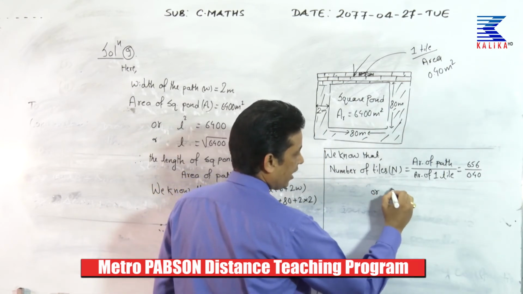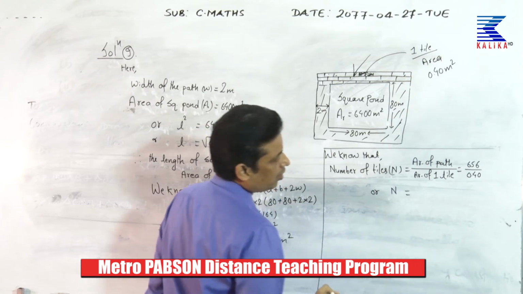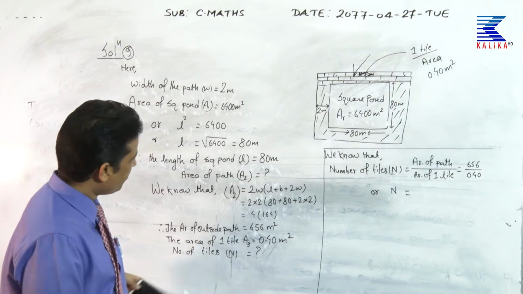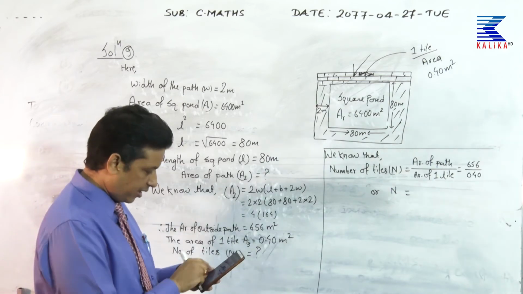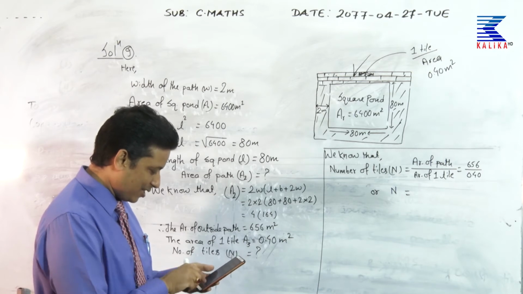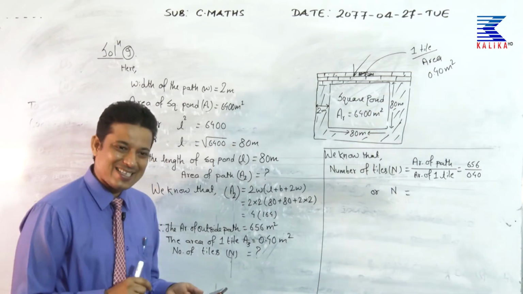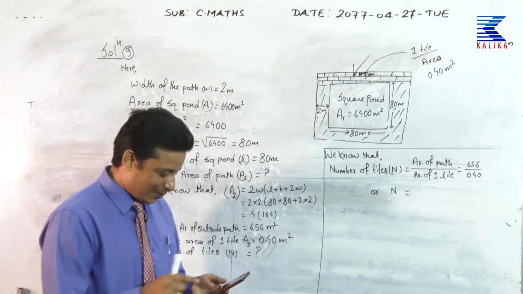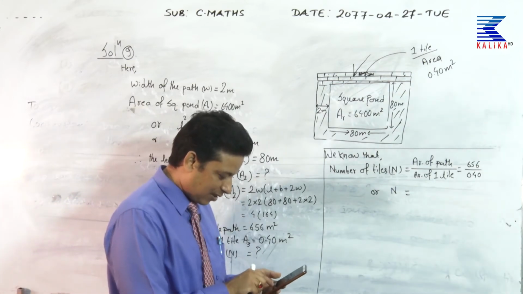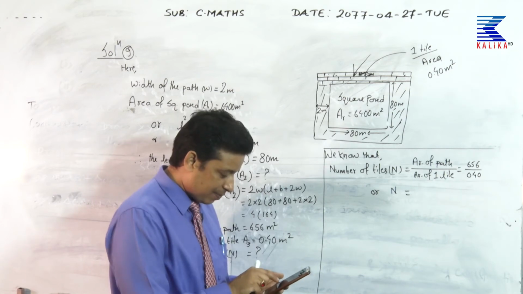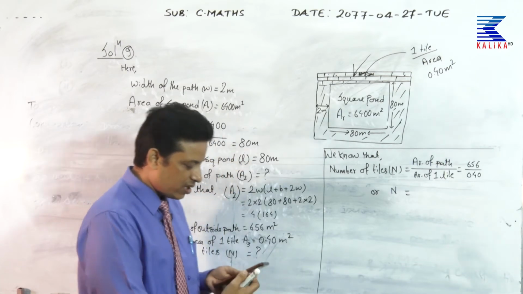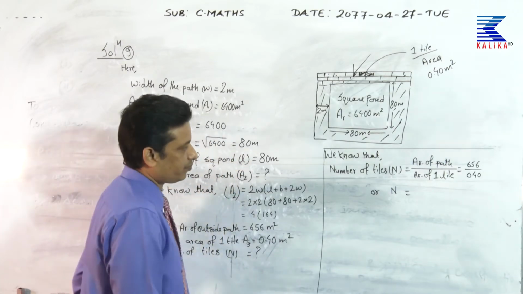Or that n is equal to what will it be? Let us see how much it comes. Let me use my device to calculate. You will use your calculator. I am using my device for the purpose of calculation. 656 divided by 0.4 is 1640.